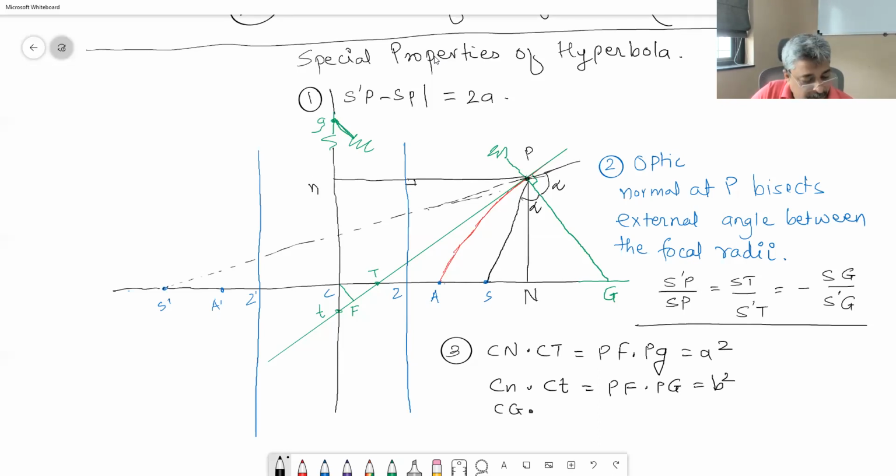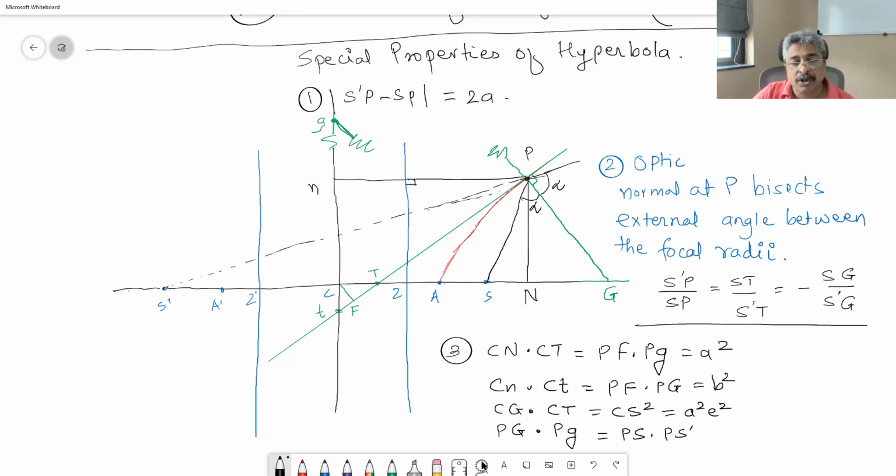CG into CT is equal to CS square is equal to A square E square. PG into PG is equal to PS into PS dash.